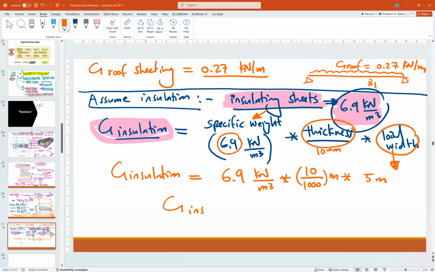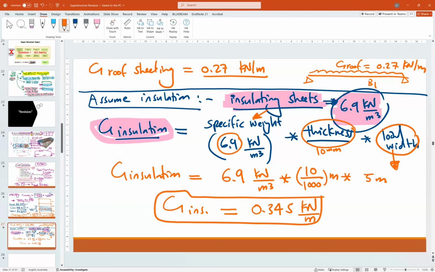So G insulation equals 6.9 times 0.01 times 5. So it is 0.345 kilonewton per meter. All the loads on the rafter will be in kilonewton per meter. So G insulation equals 0.345 kilonewton per meter.